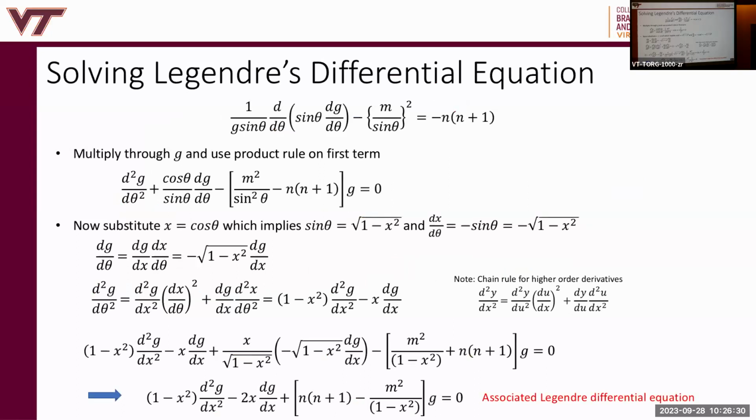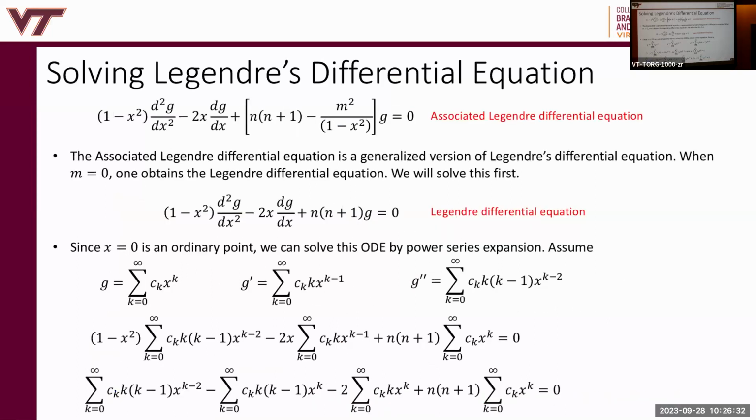So we solved the Legendre differential equation first. Just to understand what these functions might look like, it's easier to solve this one first, and then we'll complexify it and solve the m not equal to 0 case. All right?